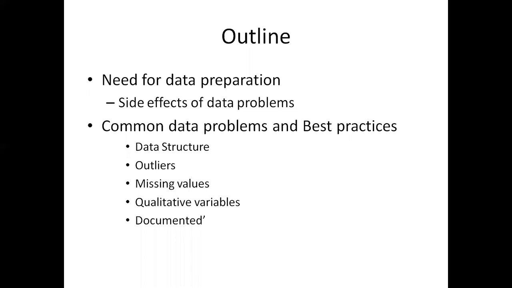Similar to outliers, there could also be problems with missing data, right? A lot of variables could have missing information, so that is another aspect that needs to be screened for. And then you also have qualitative variables. As you might have numeric variables in your data, likewise you might also have non-numeric variables.